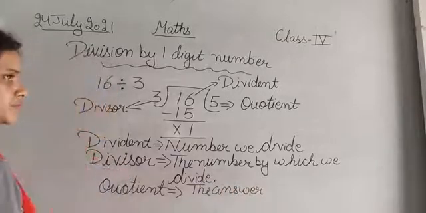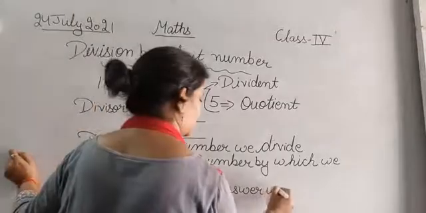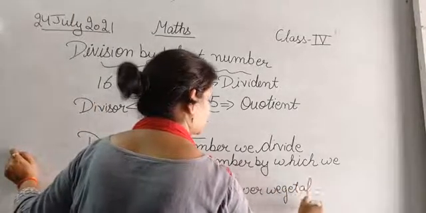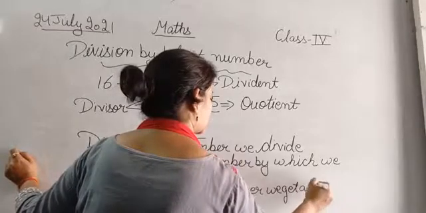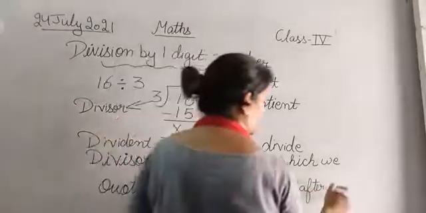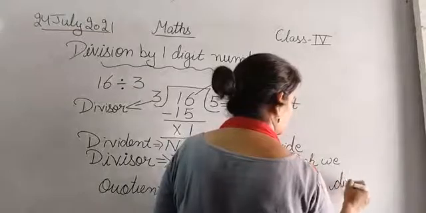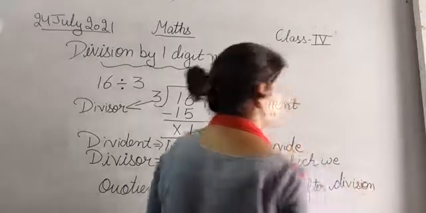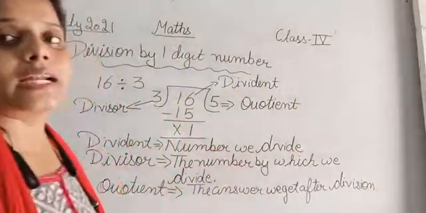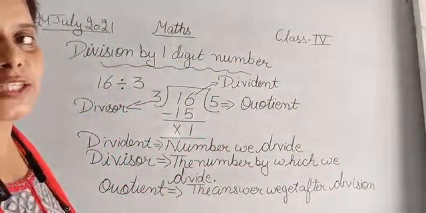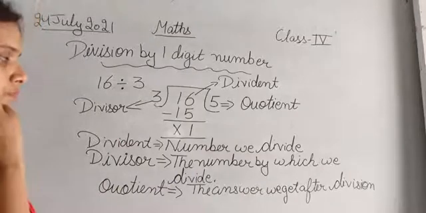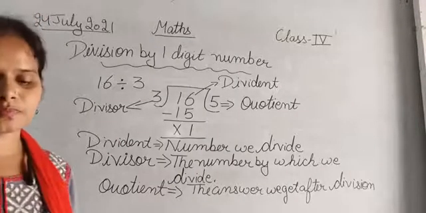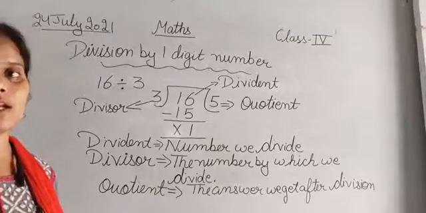The number we get after the division, that is known as the quotient.